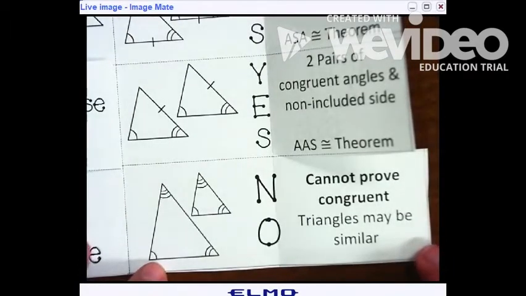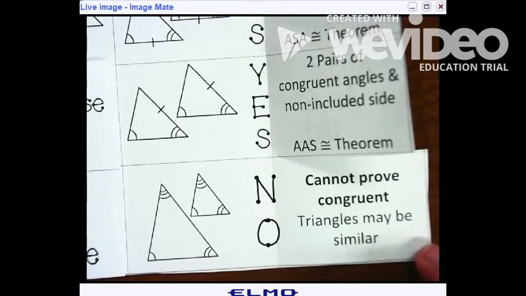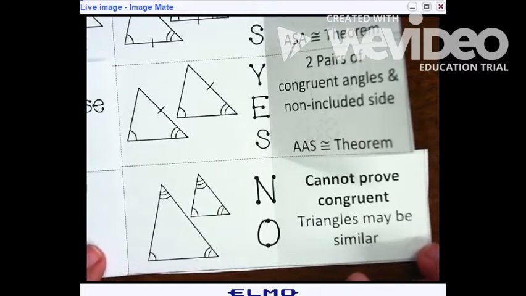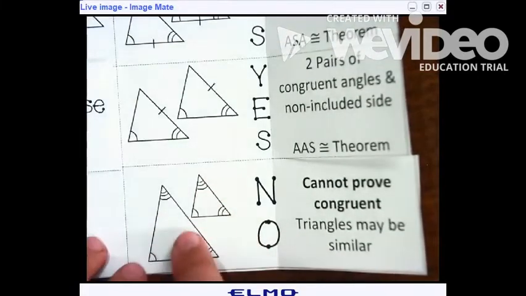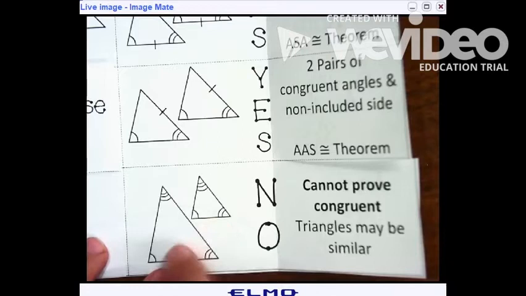The triangles could be congruent, but they're not guaranteed to be, so you can't prove it. They might be similar, but they are not necessarily congruent. All of these angles are congruent to their corresponding angle, but the triangles are different sizes. They are the same shape, but they are different sizes.